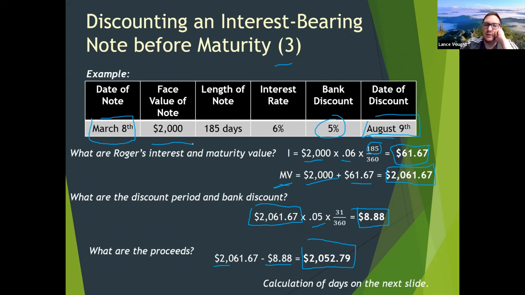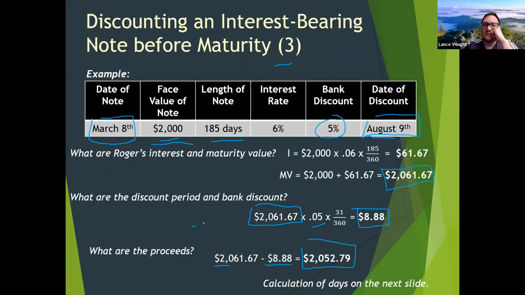So you're getting $2,000 in 185 days. They're paying you 6% interest, which is why you need to know the maturity value, because that's how much the person that owes the $2,000 is actually paying back.